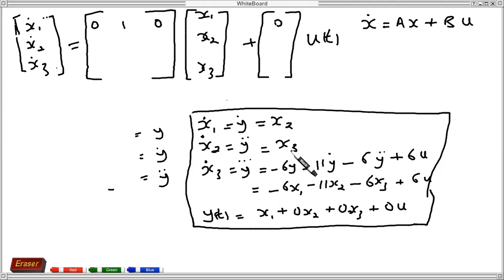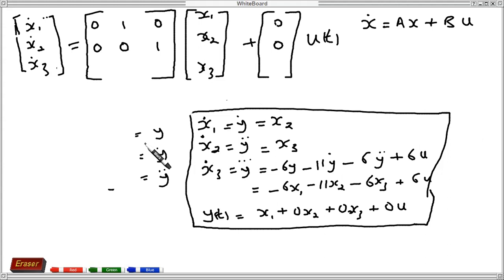x2 derivative is equal to x3, which means a function of only x3. That means 0 for x1, 0 for x2, and 1 for x3. It is also not a function of u, and therefore 0 for u of t.